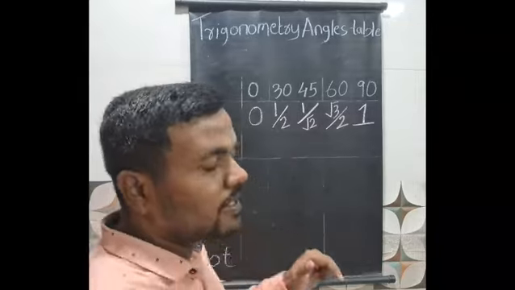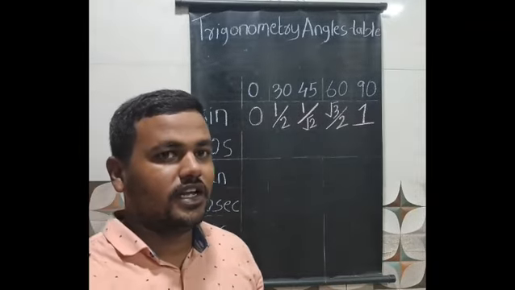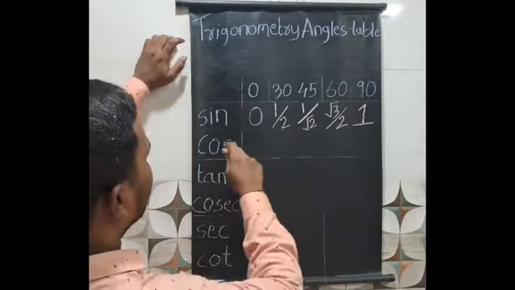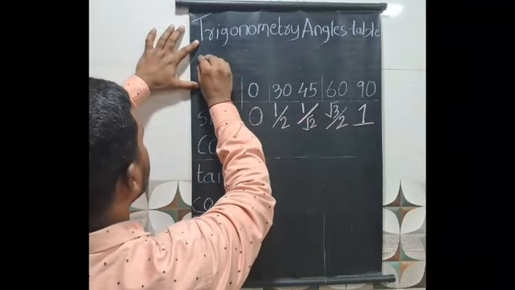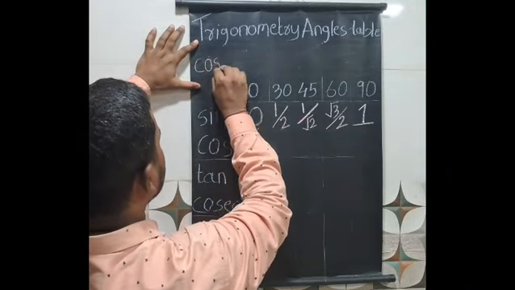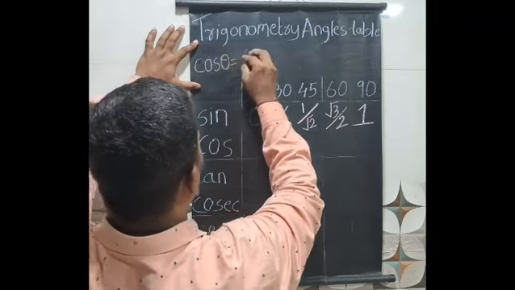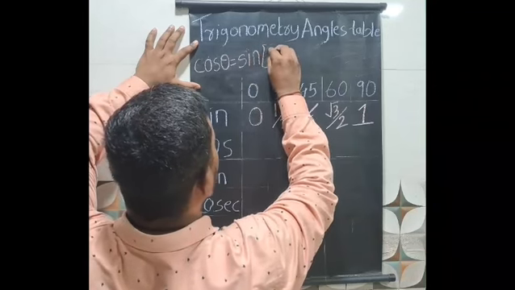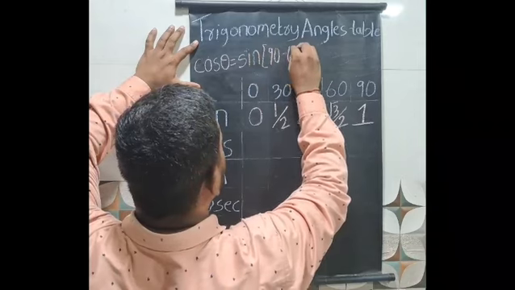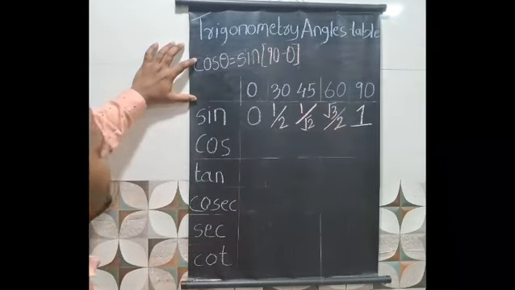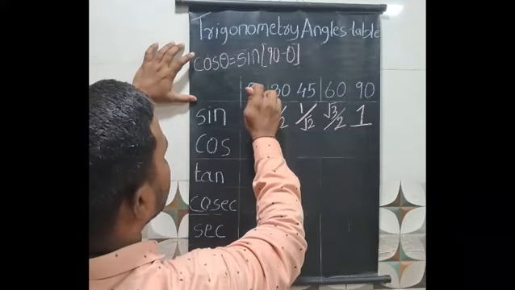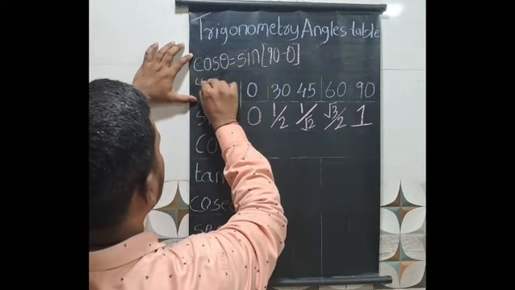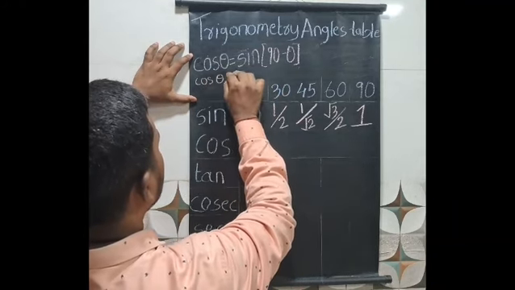If you remember, in our previous videos we have learned a formula for complementary angles. We are going to use the same thing to derive the values for cos. So cos theta is equal to sine of 90 minus theta. Let's take an example for 0 and substitute theta as 0.